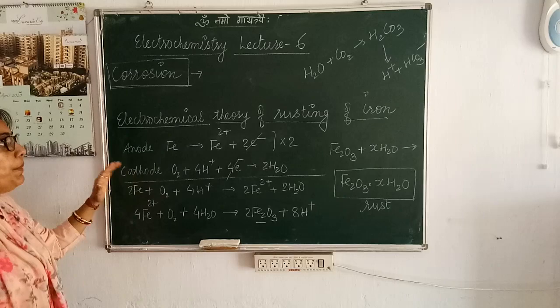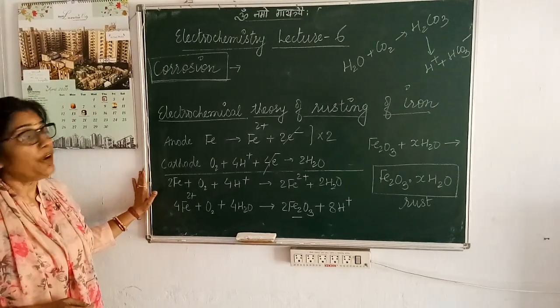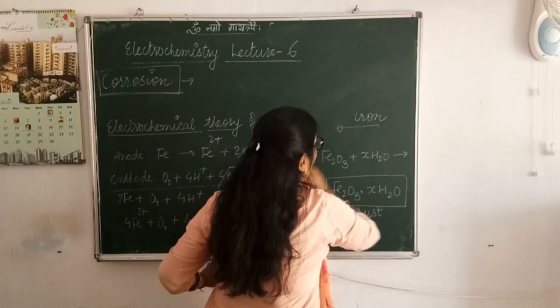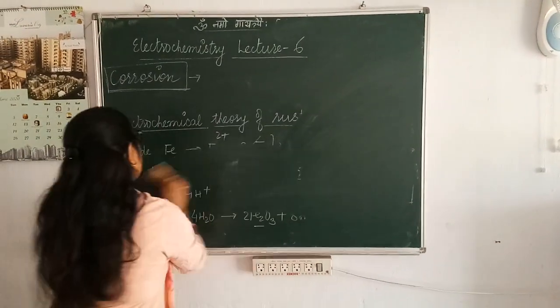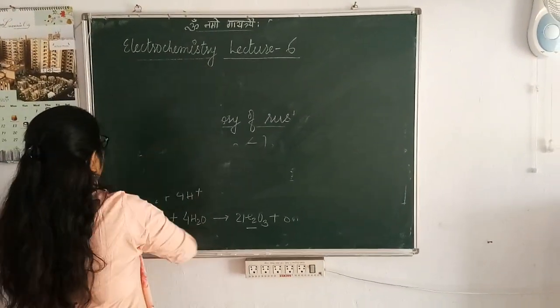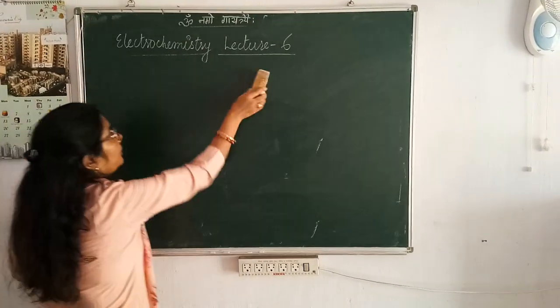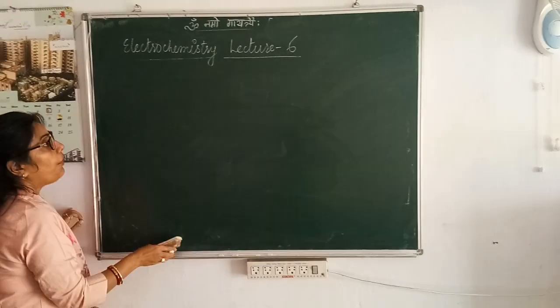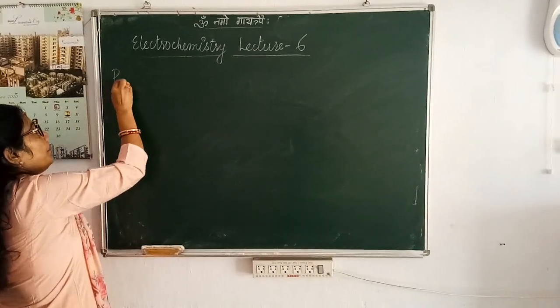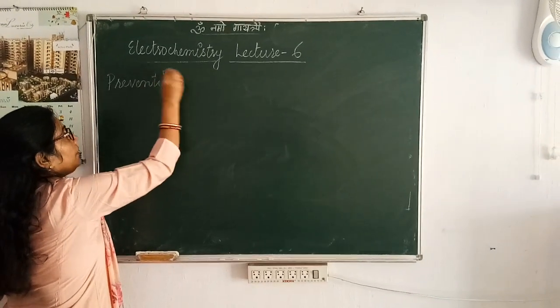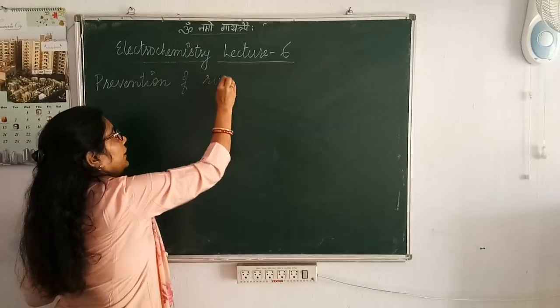So this is the mechanism of rusting of iron, and its diagrammatic representation along with the reaction is very important in 2 marks questions generally. This is asked: explain the electrochemical theory of rusting of iron. Now what are the methods by which the rusting of iron can be prevented?